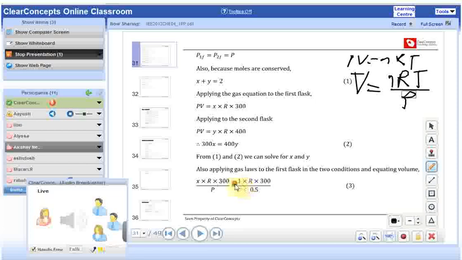If you have equations 1 and 2, then you know X and Y already by now. You can solve for X and Y. And in this equation number 3, you know X, R is a constant, it cancels out, so the only variable is P. Okay, I understand. I got it.